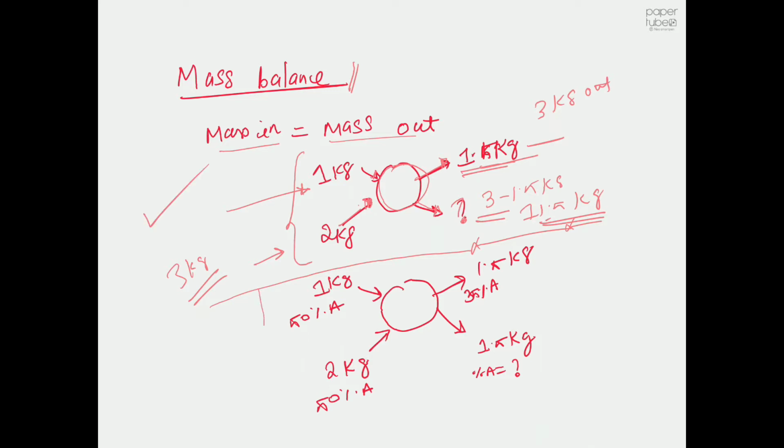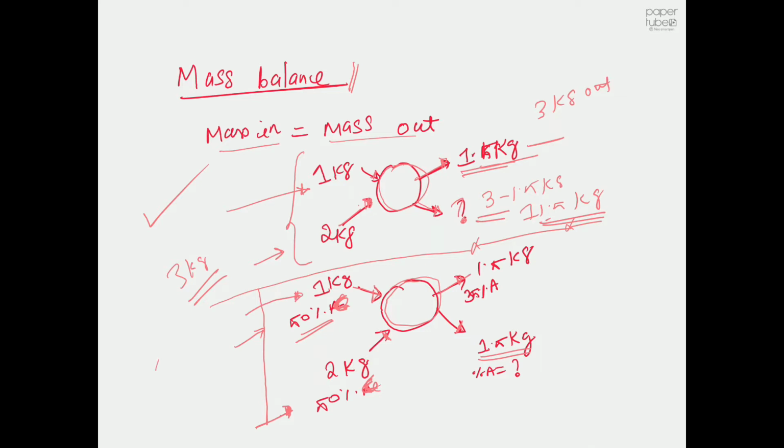And then next, it's the same unit, same rule. 1 kg goes in one stream, 2 kg goes in another stream, and imagine 1.5 kg comes out in the first output stream, and the remaining 1.5 kg comes out in the second output stream. For the moment, let's assume input stream 1 contains 50% of C, and input stream 2 contains 50% of C. So what's the mass of C that goes in this stream?